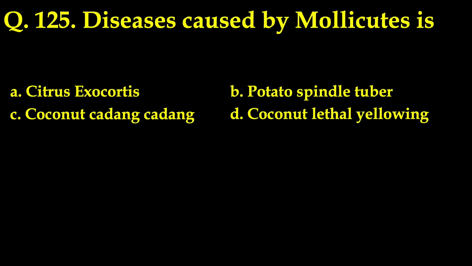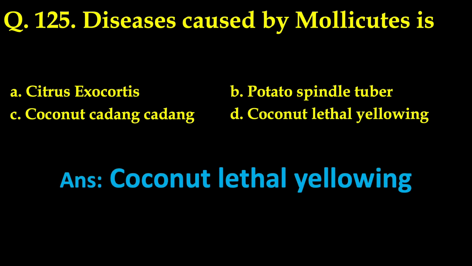And the next option, that is coconut cadang-cadang. This is a disease caused by coconut cadang-cadang viroid, which is a lethal viroid of several palms including coconut, African oil palm, anahaw, buri and many more. So here the right answer of this question is coconut lethal yellowing disease.